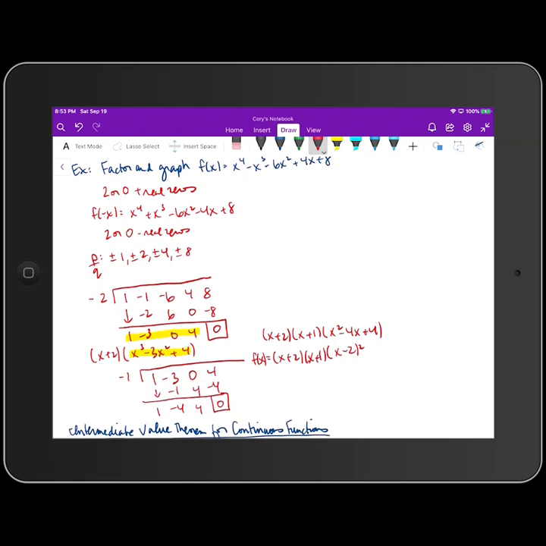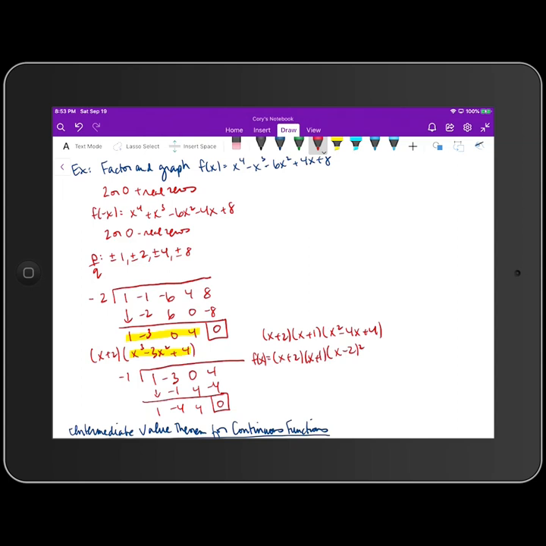Okay, now, one thing I want to mention to you guys, if you tried testing positive 2, so if you did synthetic division with positive 2 and found that to be a 0, you know that Descartes' rule of signs says that there has to be a second positive 0.